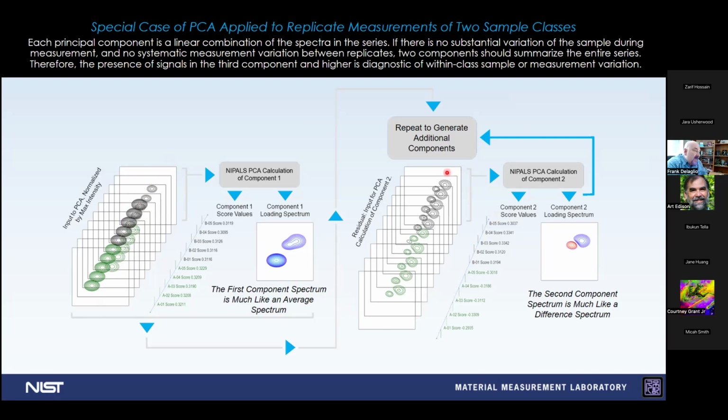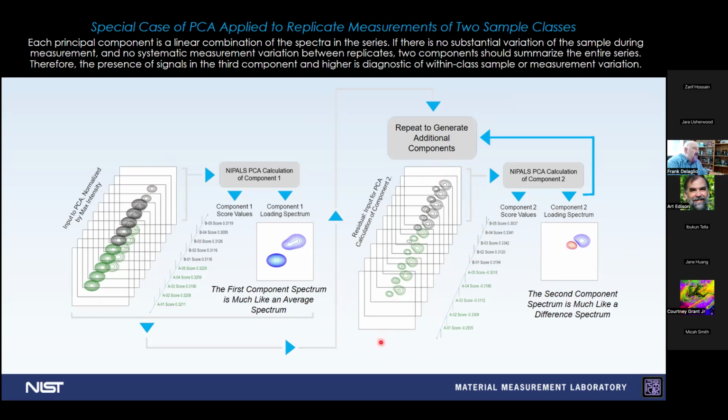We can repeat the same procedure and find a new set of coefficients such that when we use these coefficients to make a linear combination of all the residuals in this series, we generate a new component spectrum that best matches this series in a least square sense.